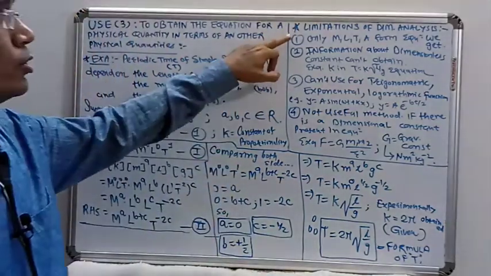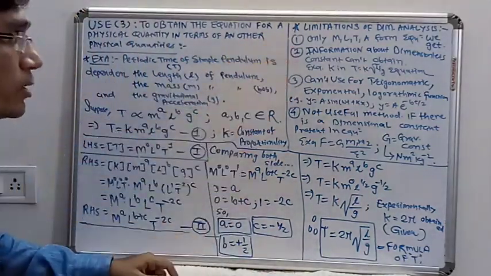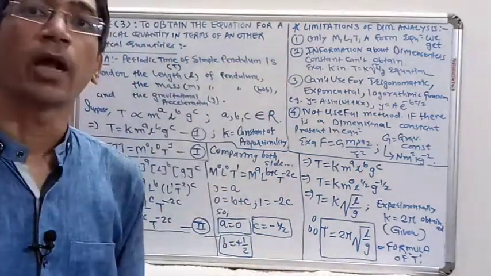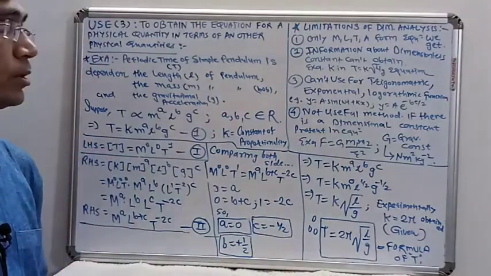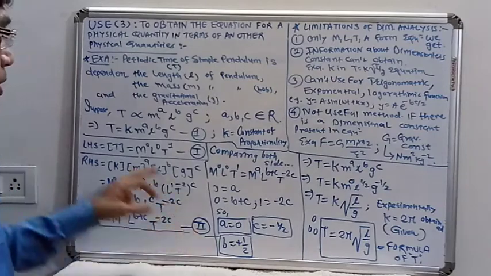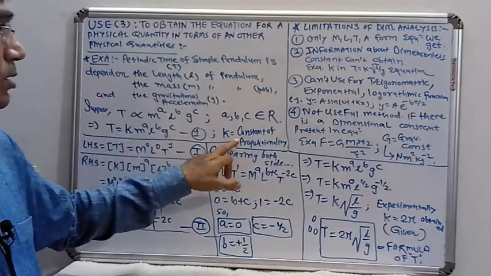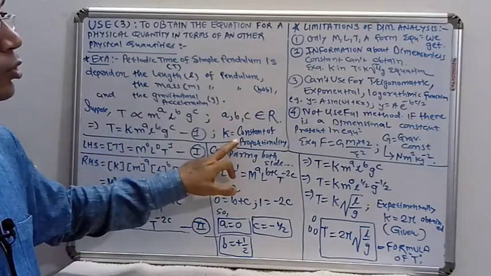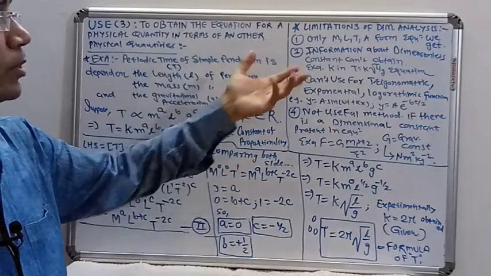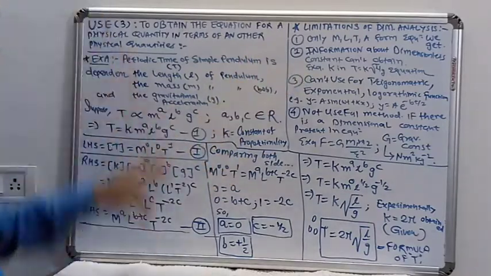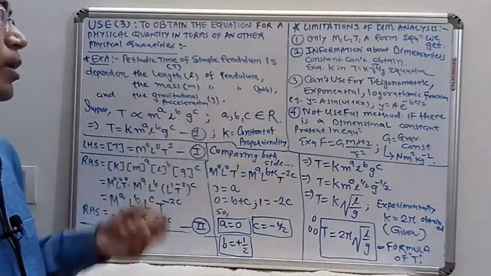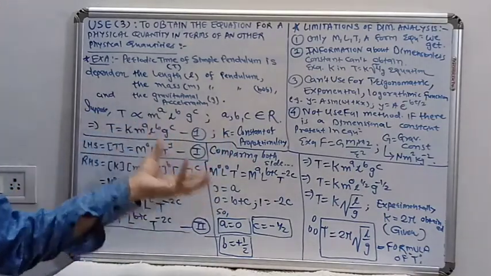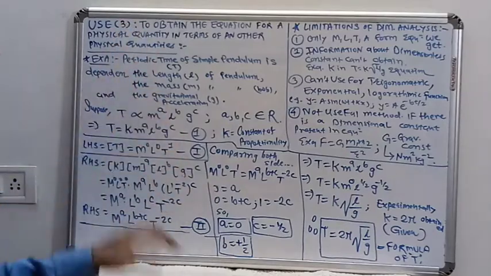That is the first limitation. Second limitation: information about the dimensionless constant is not obtained by this method. Here in this example, k is the proportionality constant, so we cannot get any information about k using this method. By experiment we get the value of k, but we can't obtain it using this method.